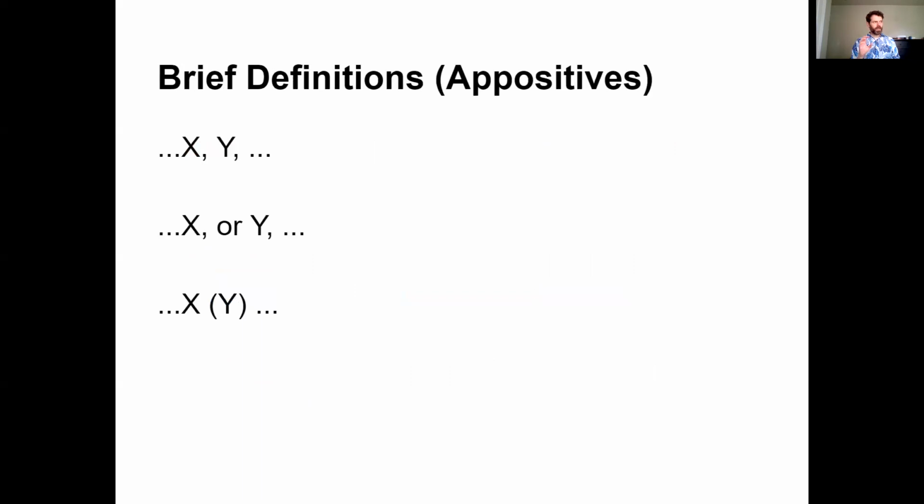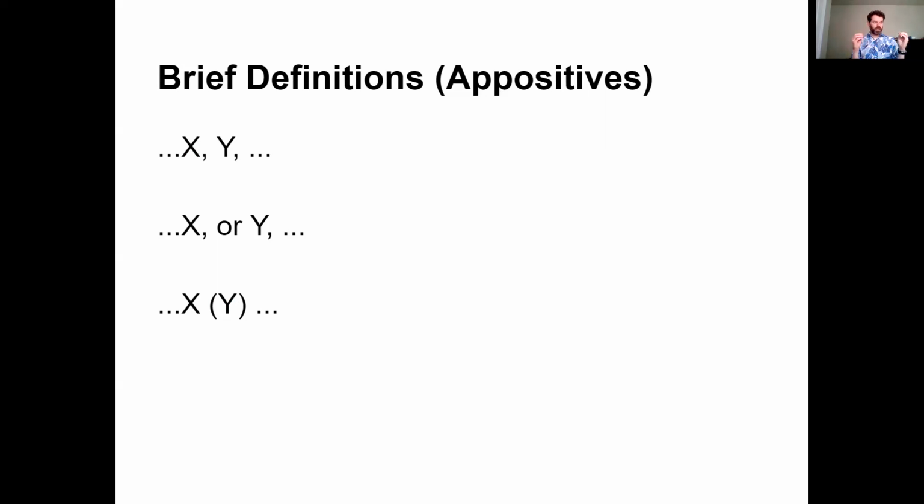Now, related to this is a really short type of definition, a brief definition. Sometimes they're called appositives, where we say the new word, and then we say a synonym after that word that has a similar meaning. So a new word, but hopefully a word that we already understand, or a short phrase that we already understand. And that explains to us the new word.